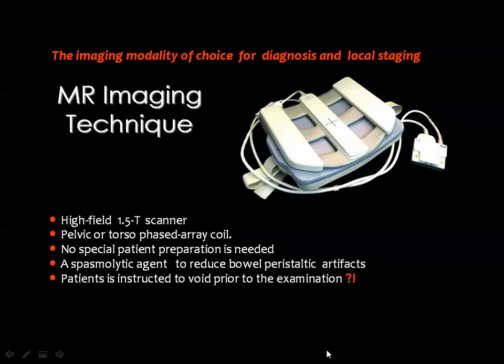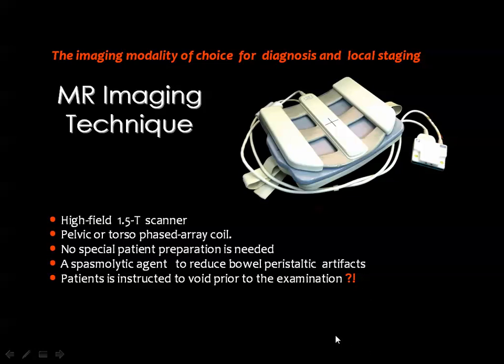But actually MRI has a good role, and ultrasound, especially the transvaginal one, may be of great help in this domain. In the MRI, we use one of the dedicated coils for evaluation of the pelvis.